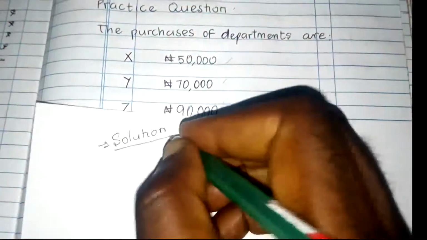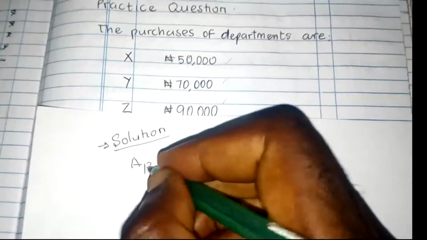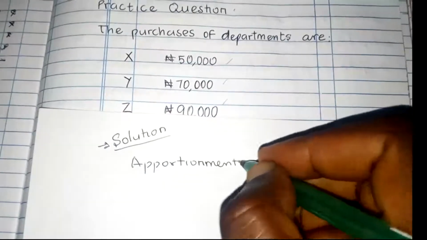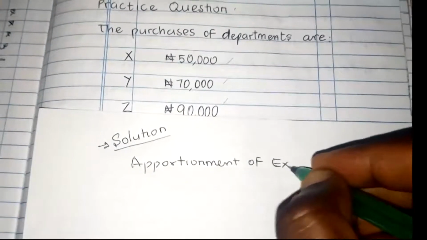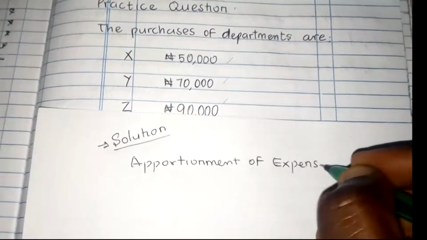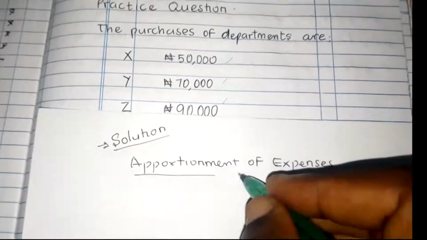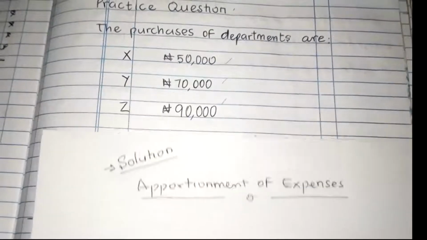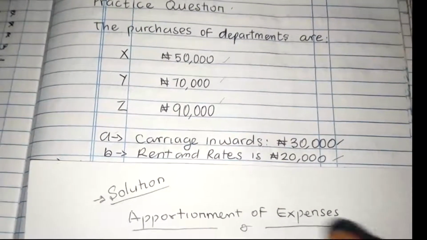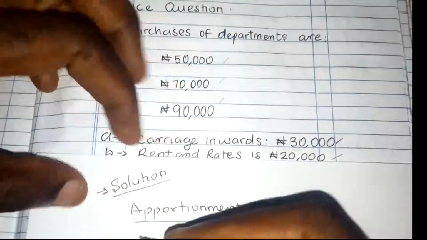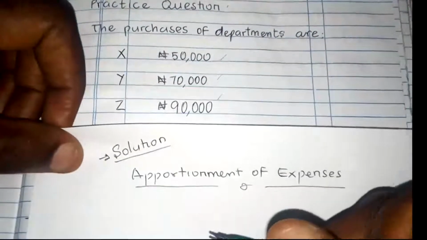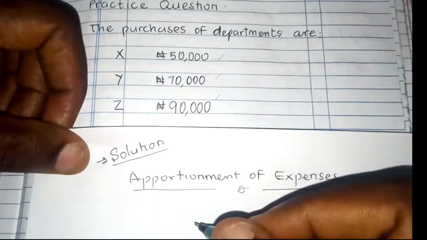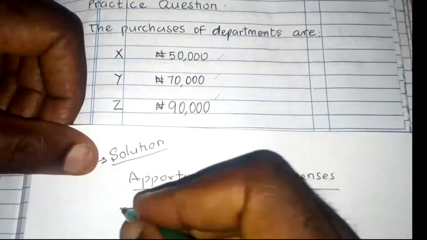For X, for Y, and for Z, we have 50,000, 70,000, and 90,000. That's simple mathematics. When you add this together, take your calculator, it's going to give you 210,000. So this is the total.